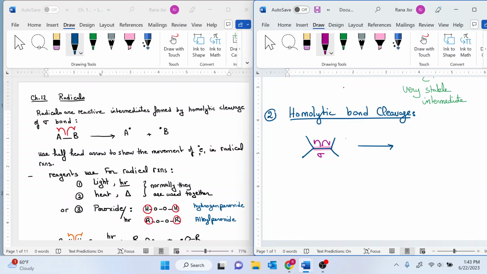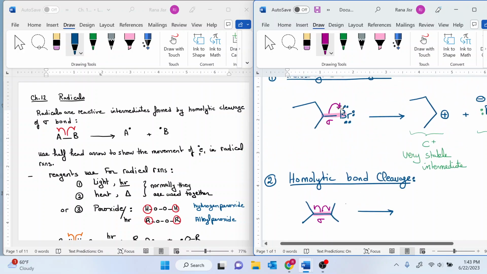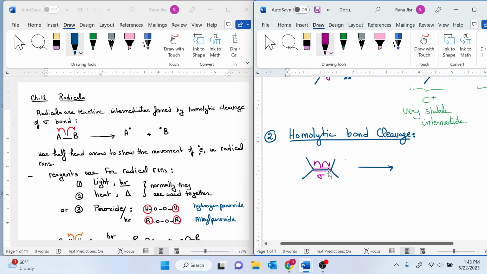See the difference in the mechanism. Here I'm using a full head arrow and transferring all the electrons to one atom. Here I am breaking the sigma bond in half, and each of the carbons joined by the bond gets an electron.